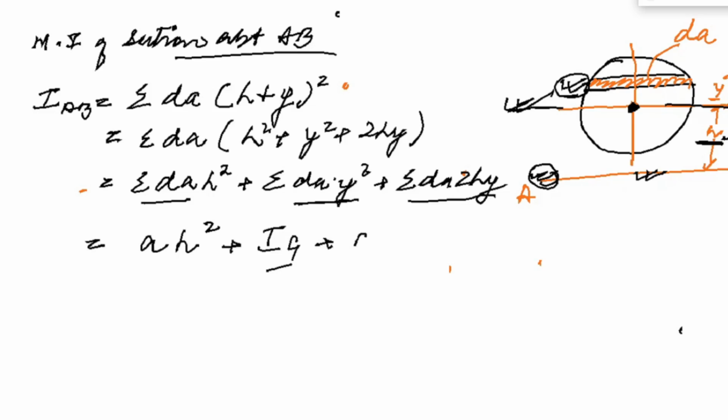This is actually 0. Why is it 0? It is actually a summation of dA times y. dA times y is basically area multiplied by the distance from the centroidal axis to the elemental area, right? This is the sum of moments of all the areas.